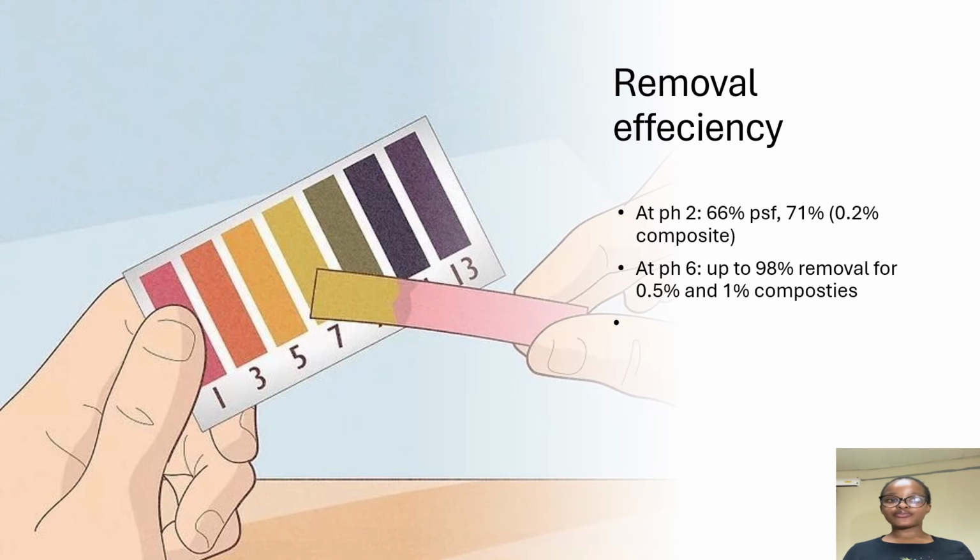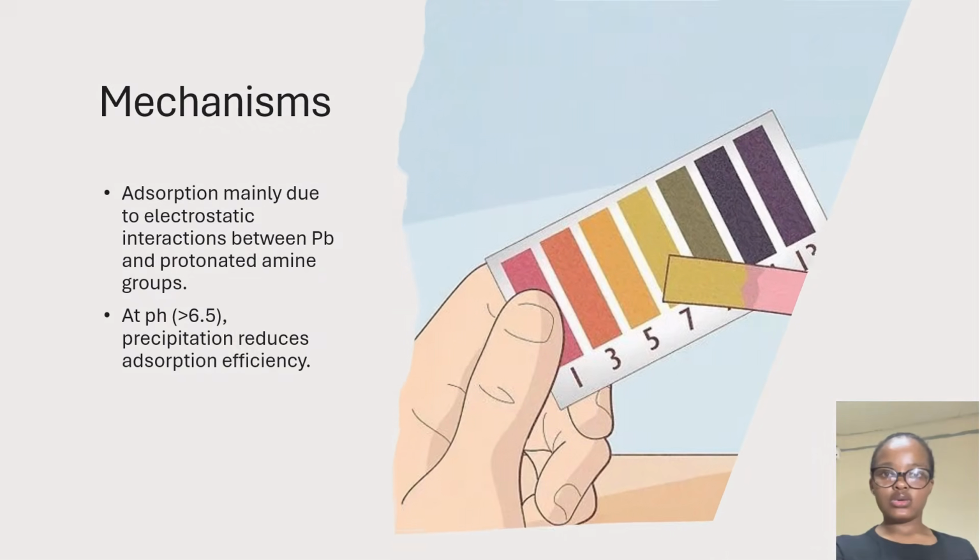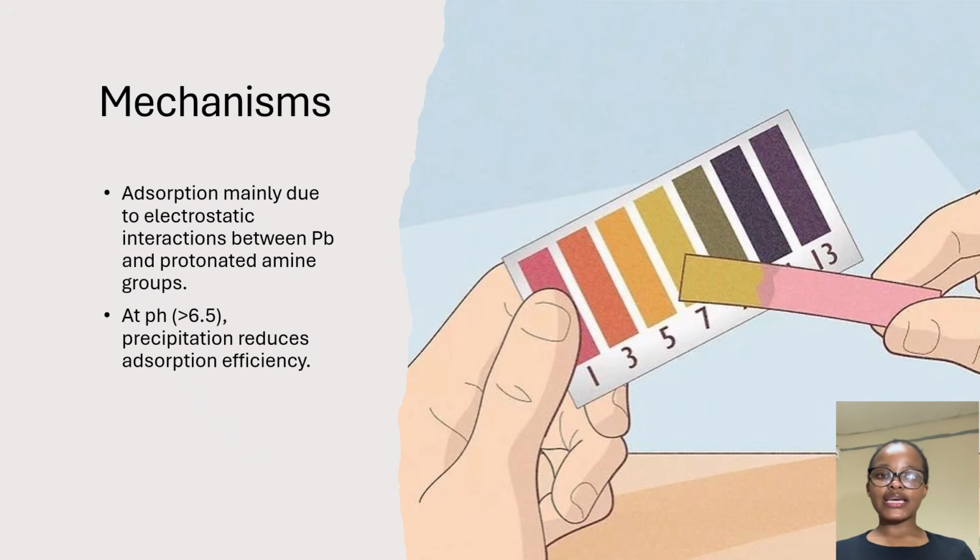At pH 6, removal went up to 98% for 0.1% and 1% composite. The adsorption mechanism is mainly electrostatic interaction between lead ions and protonated amine groups.